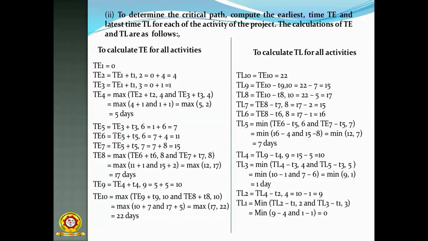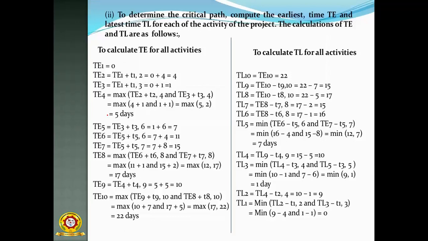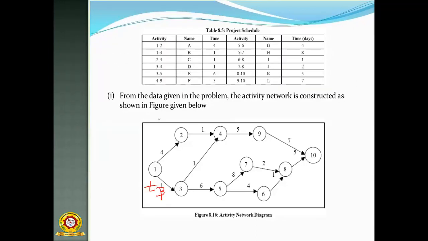Then TE3. How do you find TE3? It is TE1 plus T1, where T1 is the time duration of the first activity. Sorry, it is T1 actually, because the first activity's time is T1.